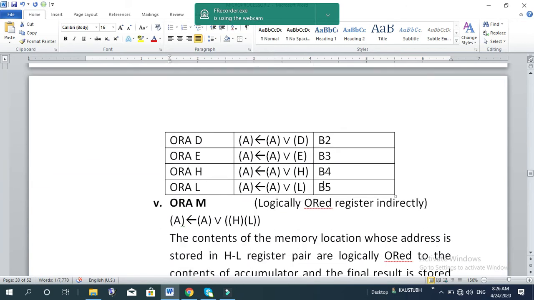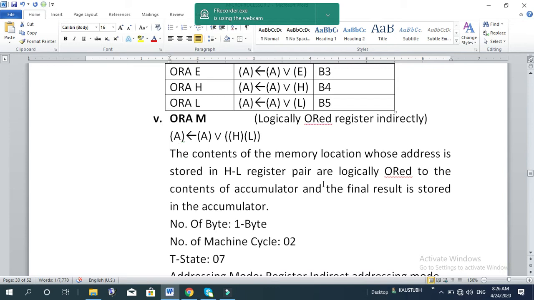Similarly, like ANA M, there is ORA M also. This M is again the memory location whose address is in the HL register pair. So the content of the memory location whose address is in the HL register pair is logically ORed with the content of the accumulator, and the result is stored into the accumulator.